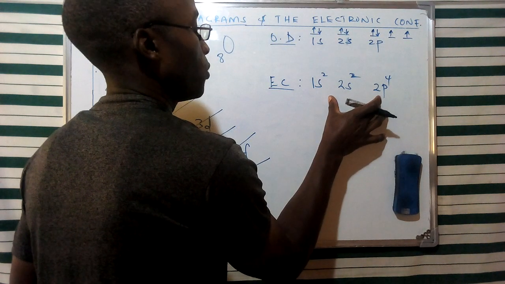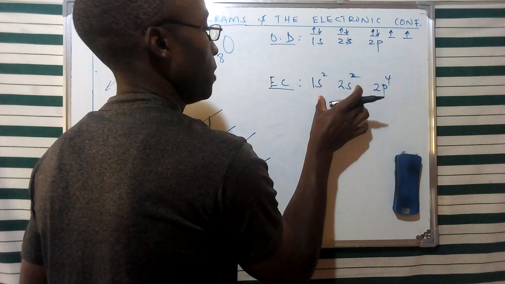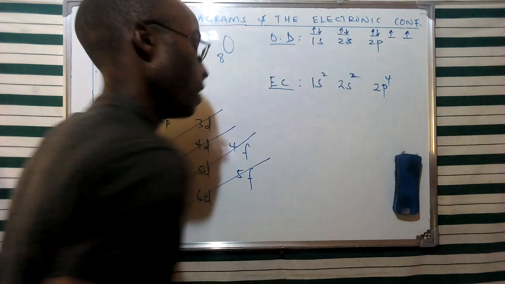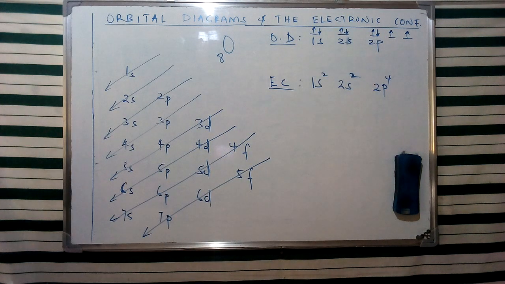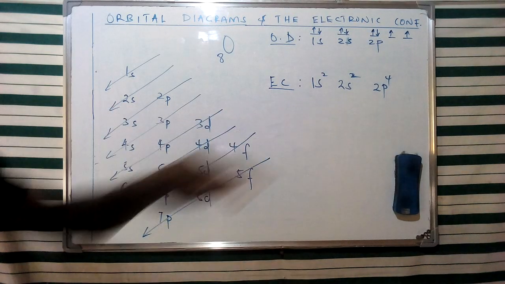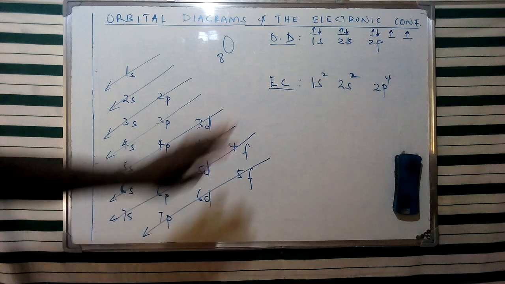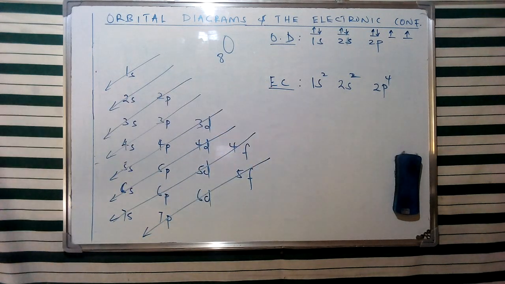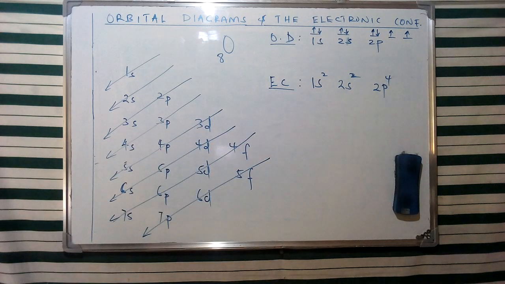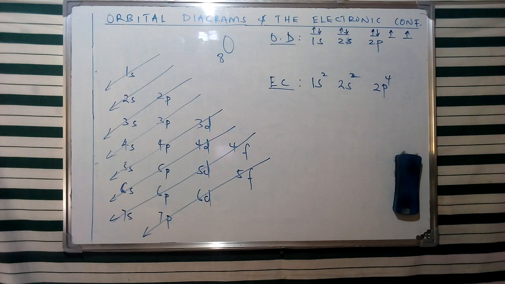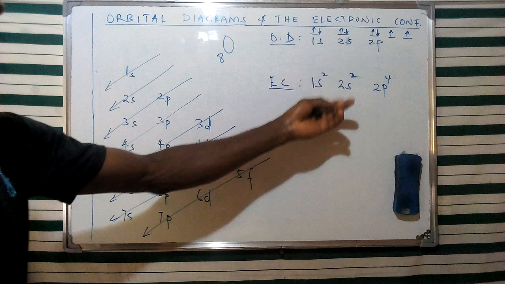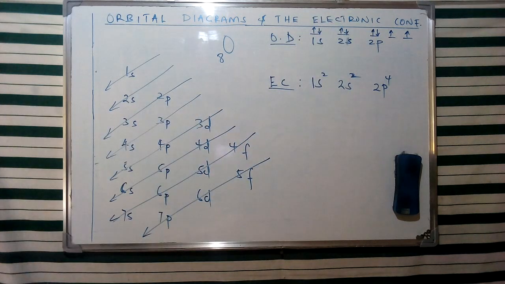So basically the electronic configuration is going to be a summary of the orbital diagram, which is going to assist us to identify the arrangement of electrons of an atom. So this shorthand form of orbital diagrams is the electronic configuration, which, as I've said, is not going to show the specific spins of electrons, which are particularly shown in the orbital diagrams.